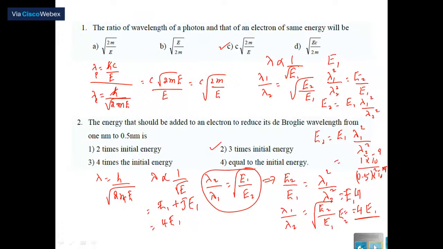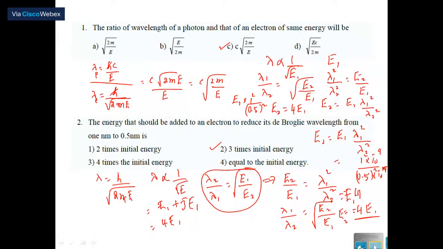So this is E1 into 1 square by 0.5 whole square. 0.5 is the same as 1 by 2, and 1 by 2 whole square gives 4E1. E2 must be equal to 4E1.